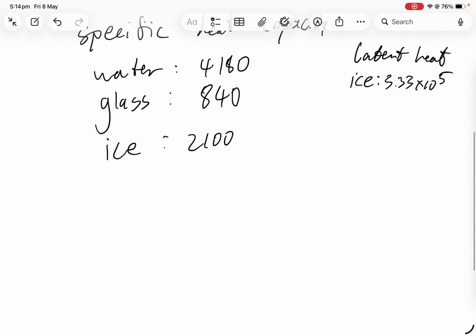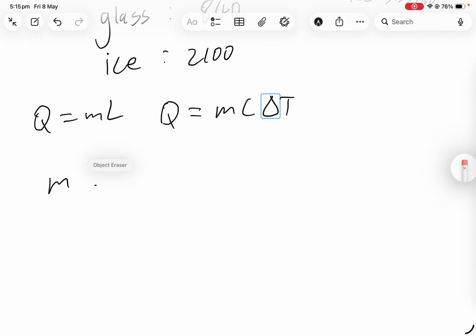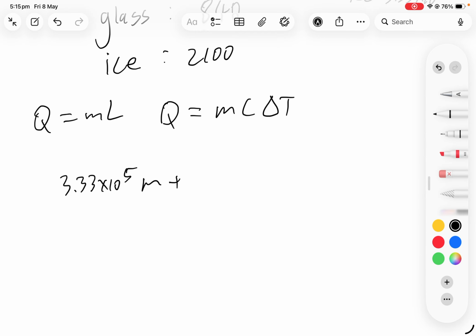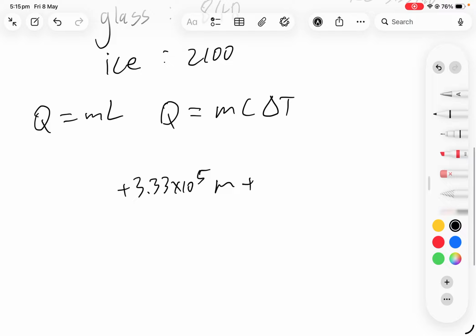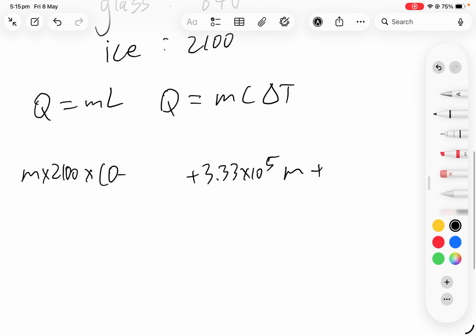For the ice side, we first have Q equals mL, and Q equals mc delta T. So that's m times 3.33 times 10 to the power 5 for melting. But before that, we want to make the ice at 0 degrees, so we do mass times 2100 times 0 minus negative 11.3.